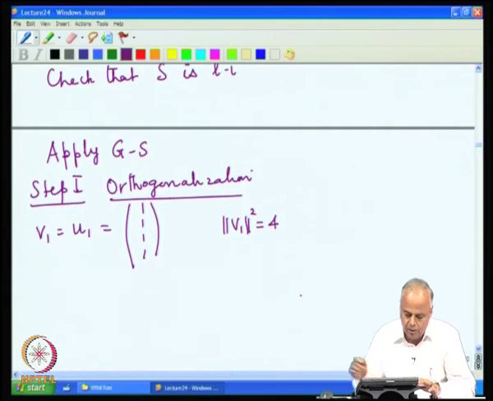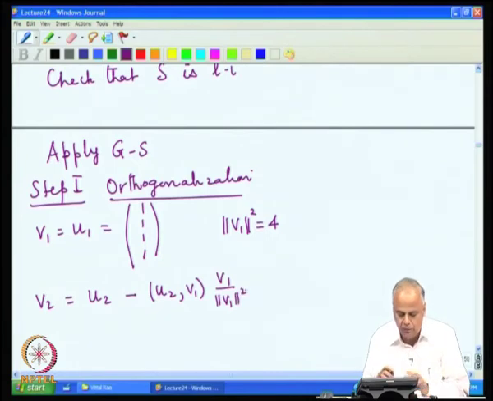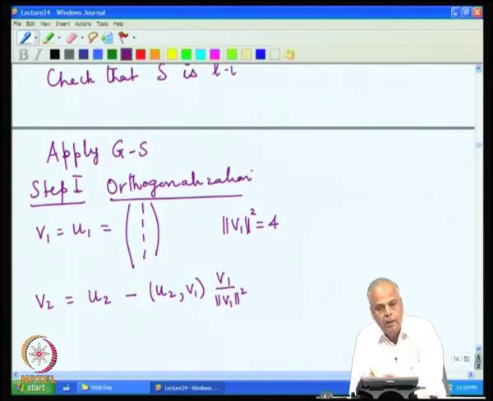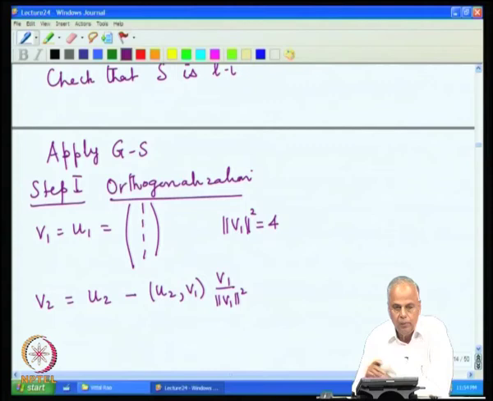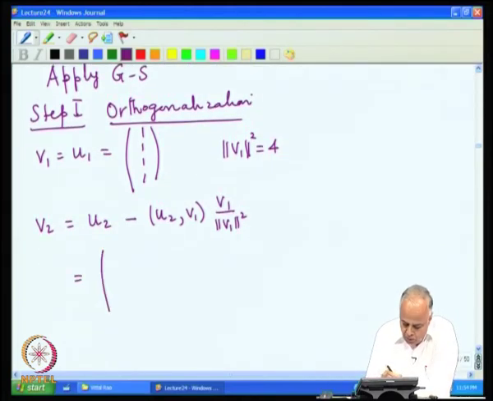Next, we have to calculate V2. To calculate V2, we start with u2 and from that we subtract the V1 information. The V1 information in u2 is given by the inner product of u2 and V1, into V1, divided by the norm of V1 squared.